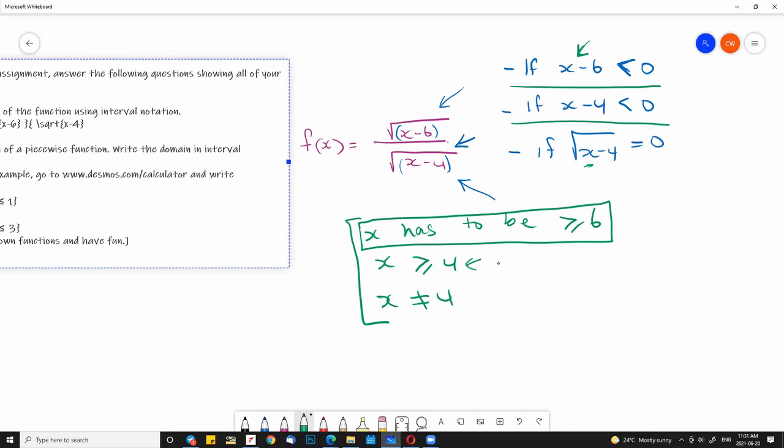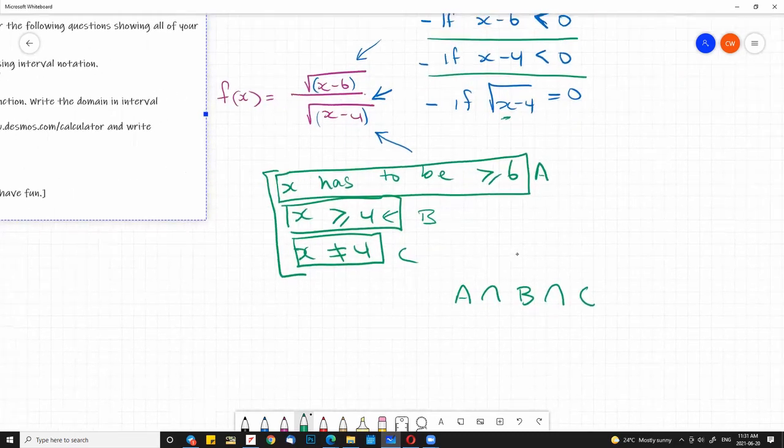In other words, this condition, let's call it A. Let's call this condition B. And let's call this condition C. A intersect B intersect C is just A. The only range of values that satisfy all three would be when x is greater than or equal to 6. Do you understand that?